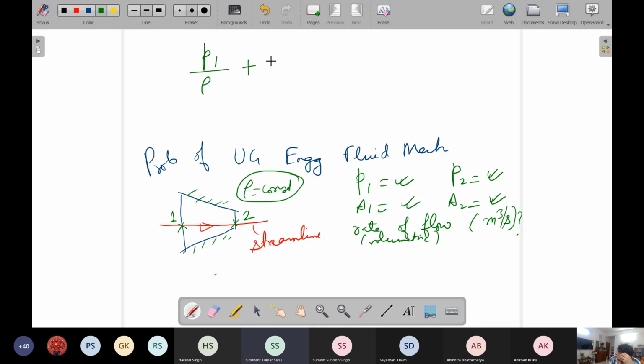P1 by rho plus V1 square by 2 plus g into H1. Right? Yes, sir. Assuming the flow to be steady.